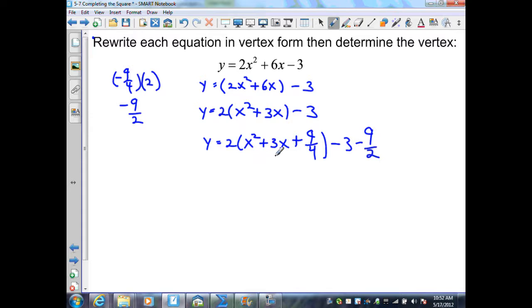Now I can factor my perfect trinomial, y equals 2, my 2 sets of parentheses, x and x. 9/4 will break into 3 over 2 and 3 over 2, and this will be plus plus, and 3/2 times 3/2 is 9/4, but 3/2 x plus 3/2 x is 3x. And when I simplify on the outside, my common denominator is 2, which gives me a negative 6/2, which gives me a negative 15/2.